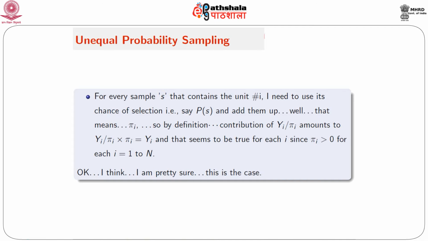Well, that means pi i, so by definition, the contribution of yi divided by pi i amounts to yi divided by pi i times pi i, which is yi itself, and that seems to be true for each i, since pi i's are positive for each i from 1 to n. Okay, I think I'm pretty sure this is the case. You are very right. That is indeed what is happening here.